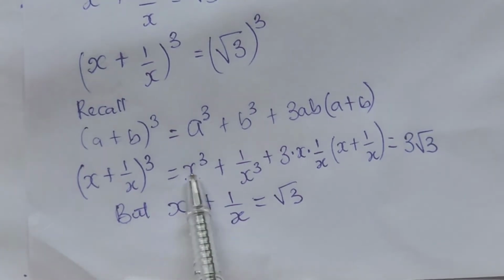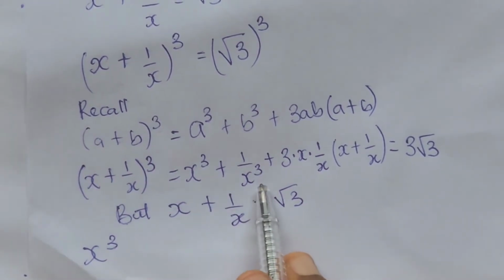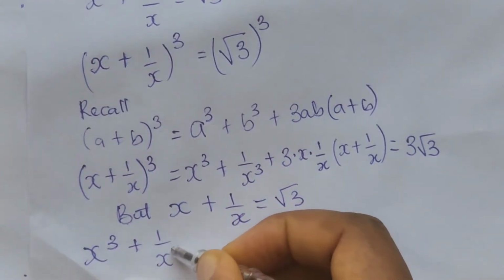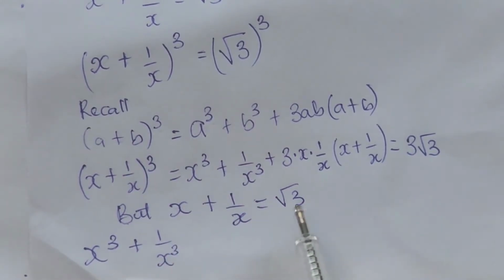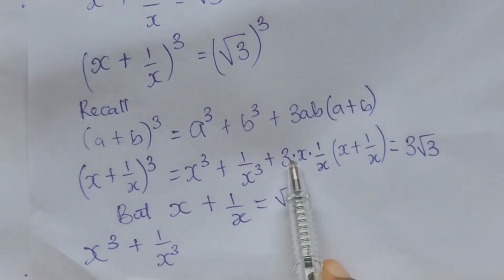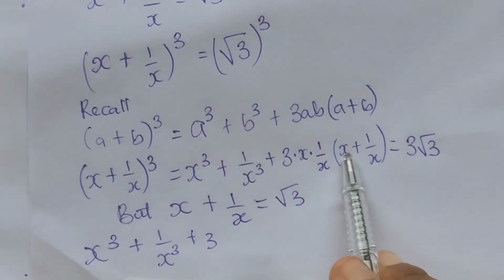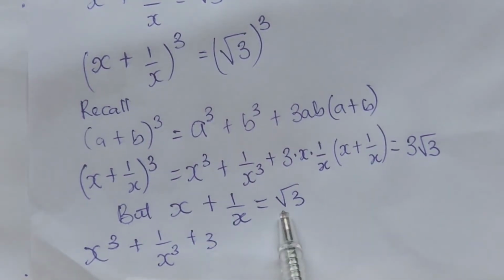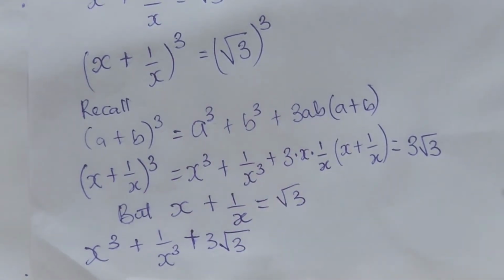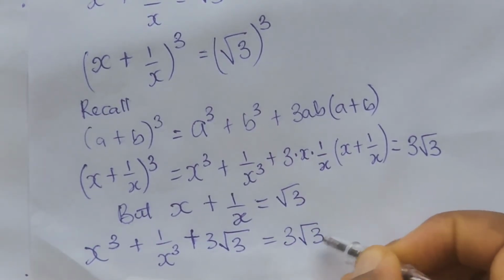So we have x cubed plus 1 over x cubed plus 3 times x times 1 over x times root 3. So this cancels this, we are left with 3. And we have x plus 1 over x, which is equal to root 3. So we have 3 root 3.